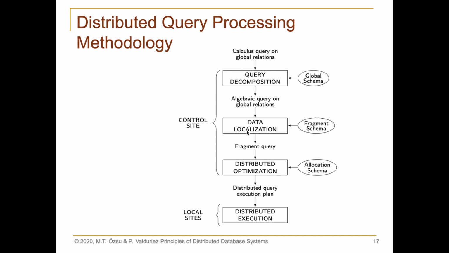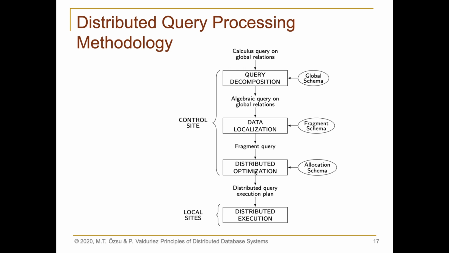The second component in this sequence of processes is data localization. The data localization component of distributed query processing accepts algebraic queries on global relations. That means data localization accepts queries that do not know about the distribution details of the distributed database system. And by using the fragment schema, it will transform this algebraic query on global relations to algebraic queries on local relations, or fragment queries.